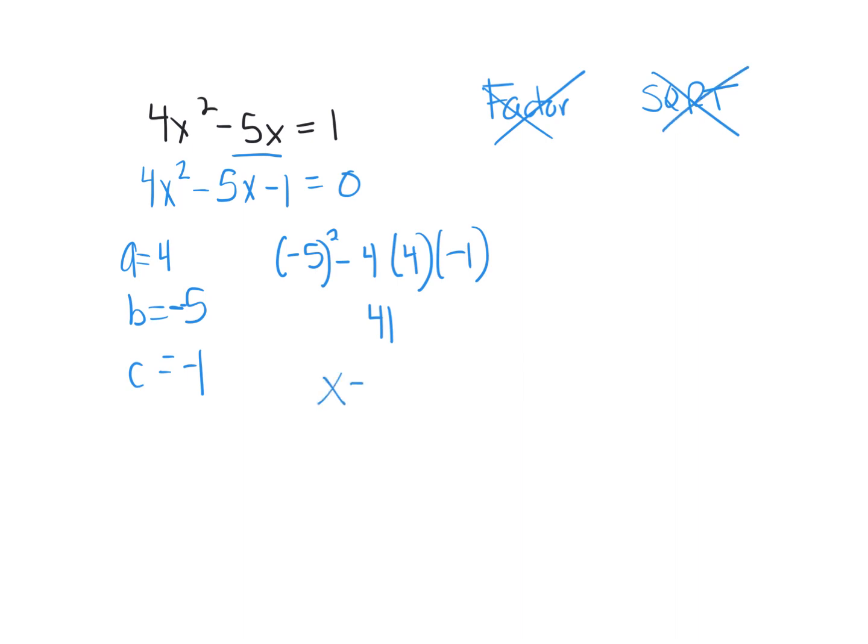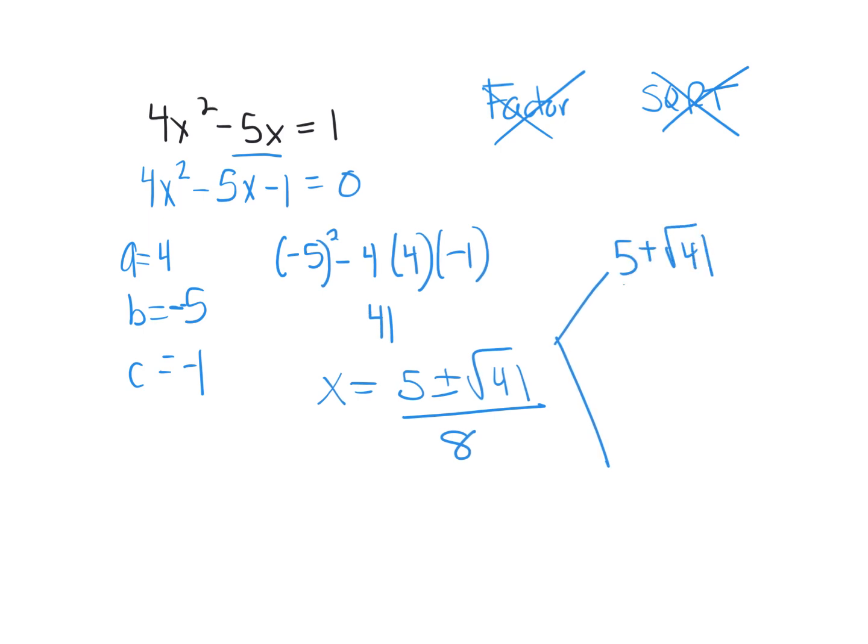So I'm going to start: x equals the opposite of b. B is negative 5, the opposite of it is positive 5, plus or minus the square root of 41, divided by 2 times a. A is 4, so 2 times 4 is 8. And then this becomes a calculator problem from here. I'm going to have 5 plus the square root of 41 divided by 8, and 5 minus the square root of 41 divided by 8.